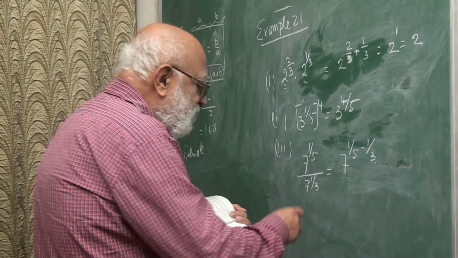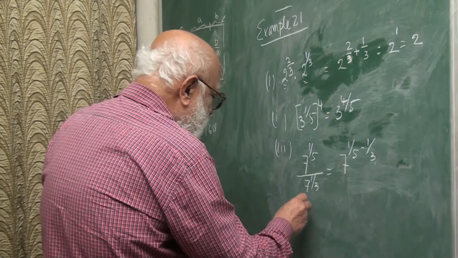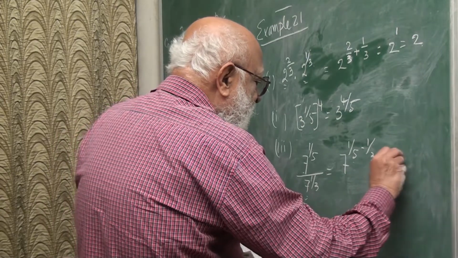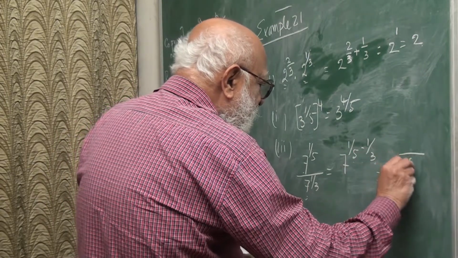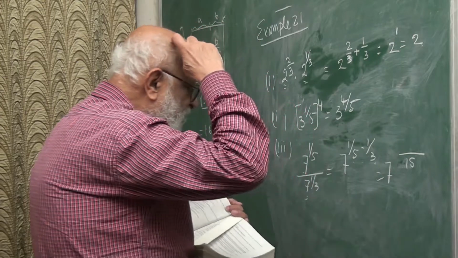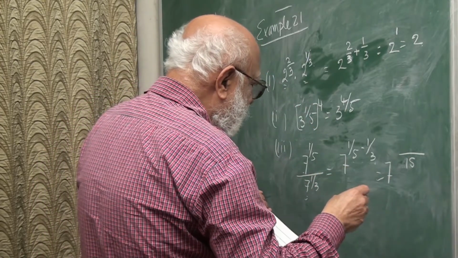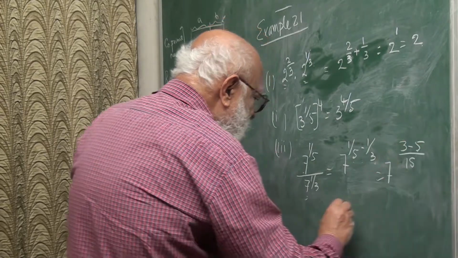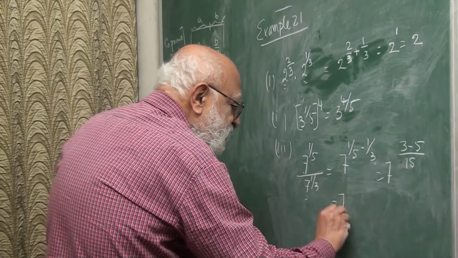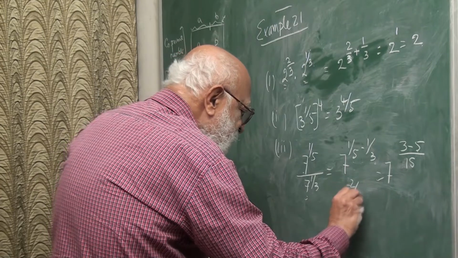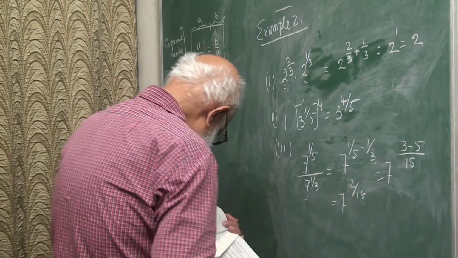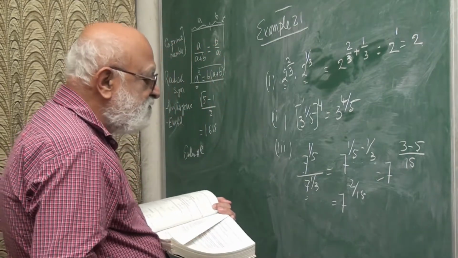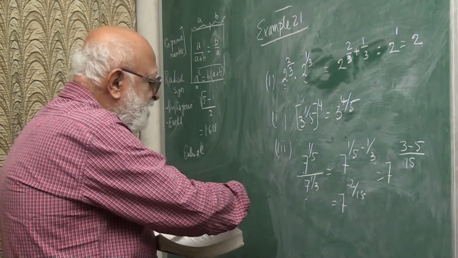There is the same base, so I only have to do this. Below it would be 15. So this should be divided by 15, 3 minus 5. So that would be 7 to the power minus 2 by 15. Done? Okay. Again another example.